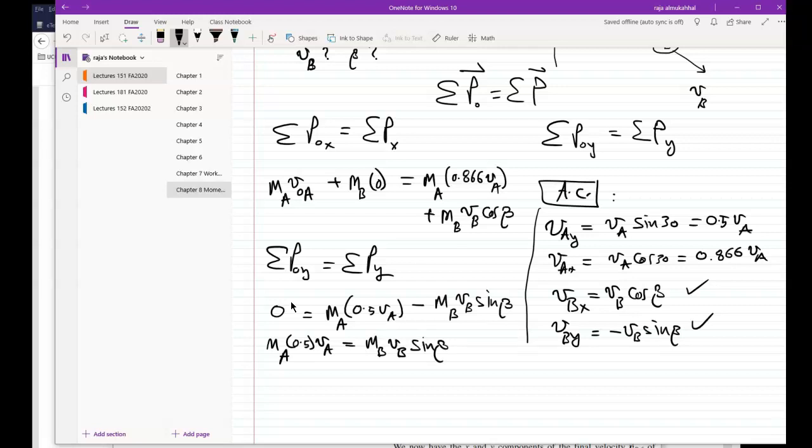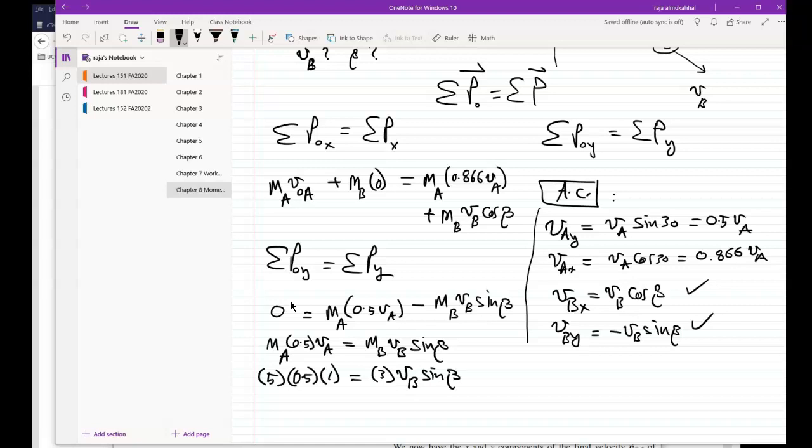Now put in your numbers. mA is equal to, again, I'm looking at my book here, mA is equal to 5 times 0.5 times the velocity of A after, which is 1, equals to mB, which is equal to 3. vB I don't know, sine beta I don't know.